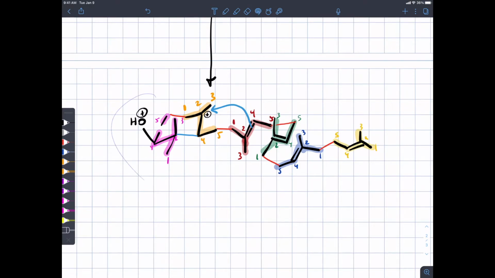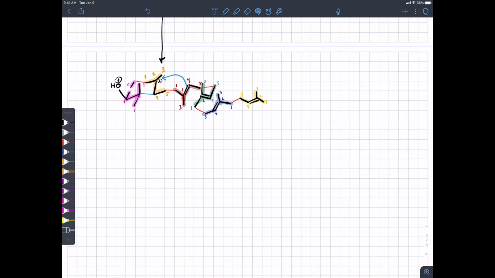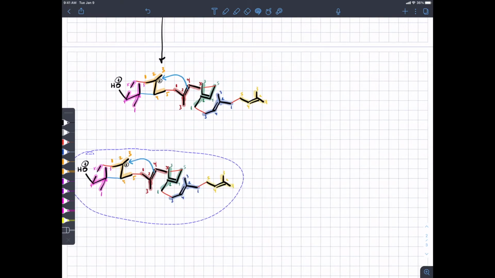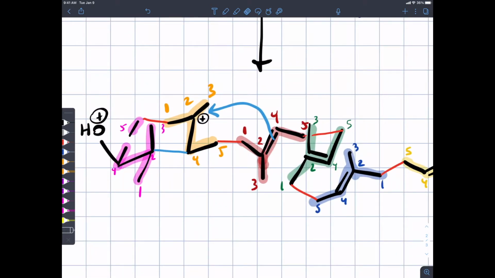I'm going to copy this now. And once I've shown you all the individual steps, I think I can probably go back and show you how most people draw it. So we've made a new bond between these two carbons.